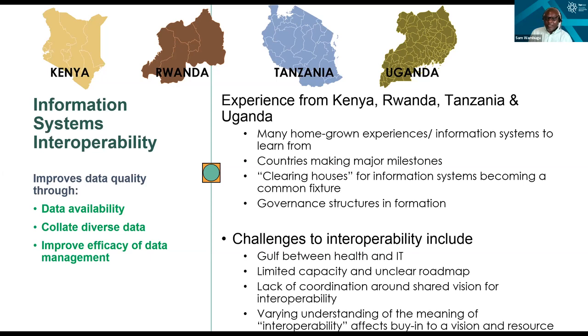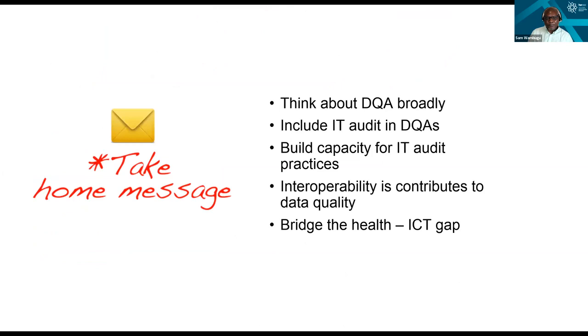And lastly, we found that even the terminology interoperability is not uniformly understood. There are still differences in understanding, and these issues need to be solved before the whole machine of interoperability comes to fruition. Let's move to my last slide.